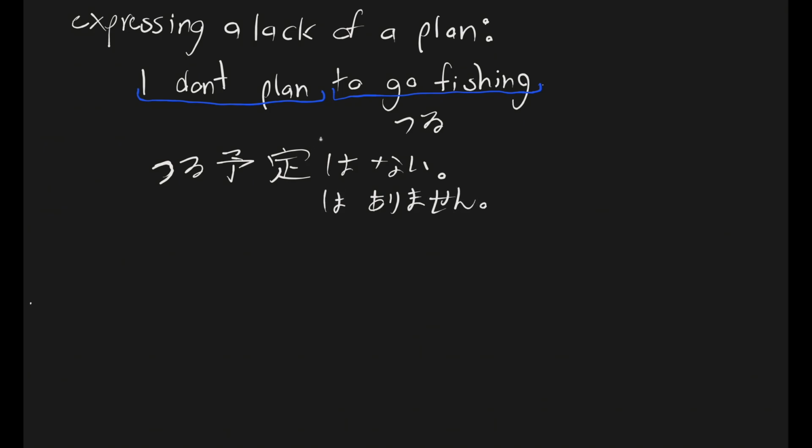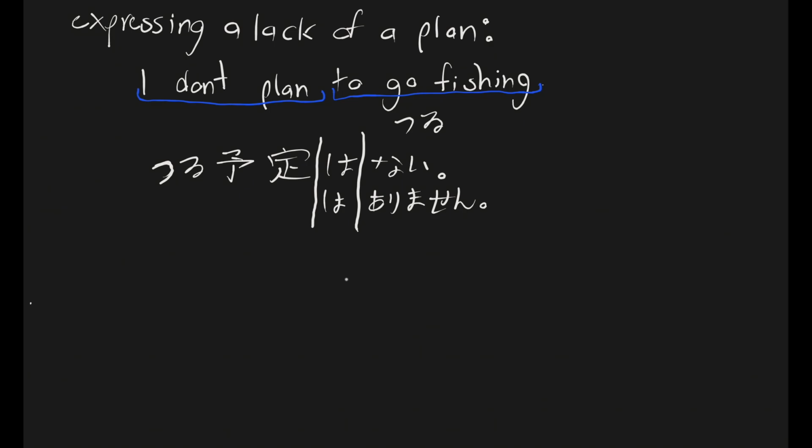So I lied with saying it's very similar. It is exactly the same. Again, nai is the casual form and arimasen would be the formal form. So to say I don't plan to go fishing, tsuru yote wa nai, or tsuru yote wa arimasen.